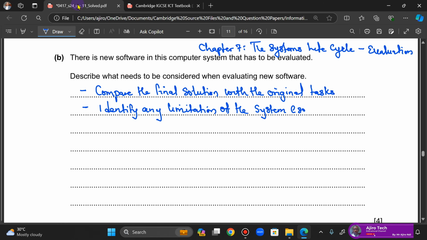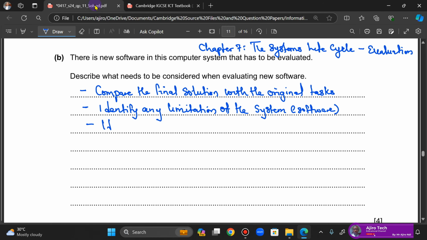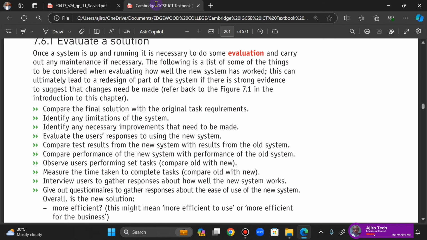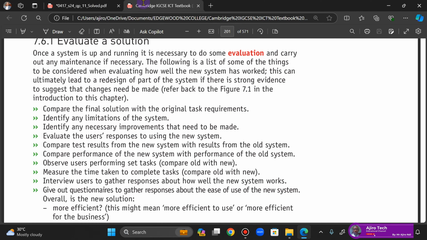In this case, it's going to be the software. Identify any necessary improvement that needs to be made.